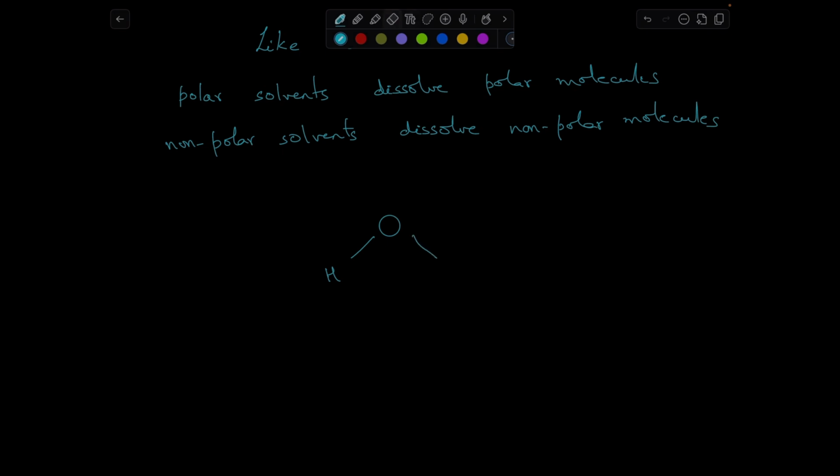In water, we have an oxygen attached to two hydrogens, and the oxygen has two lone pairs of electrons. So this oxygen is sp3 hybridized with a bond angle of about 104 degrees. Now, oxygen being more electronegative as compared to hydrogen, it pulls the bonding pair of electrons towards itself.